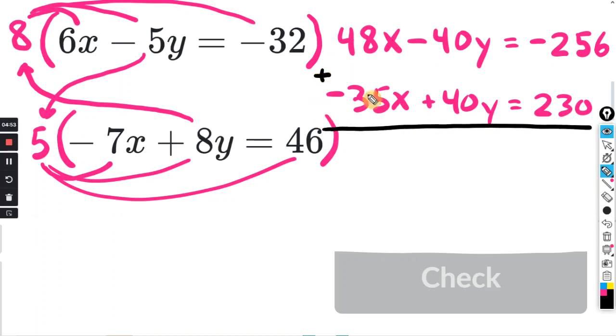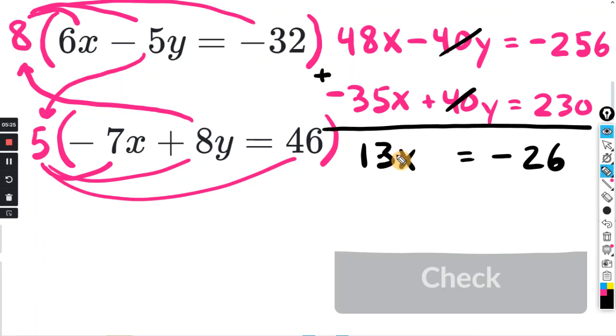So 48 plus negative 35, 8 minus 5 is 3. 4 minus 3 is 1, and we still have the x. Negative 40y plus 40y, that cancels. Bring down the equal sign. Negative 256 plus 230 is going to be negative 26. Again, use the calculator if you need to.